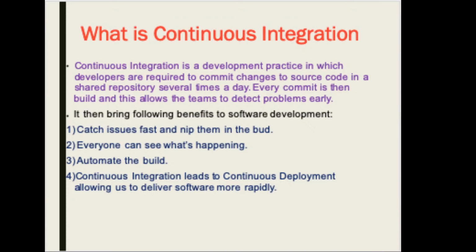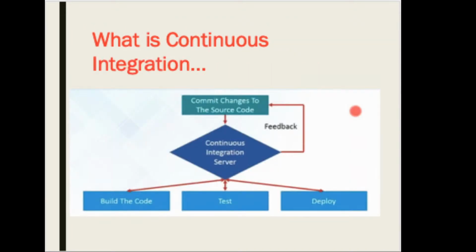So what are some of the benefits that would obviously come along with it if I can do continuous integration? Detecting errors or problems in the beginning will basically lead to probably solving it at an early stage. It's going to be transparent where everybody will be able to see what is happening. You can automate the build, and then important, continuous integration will lead to continuous deployment.